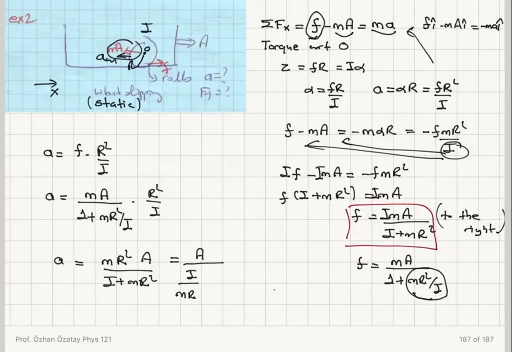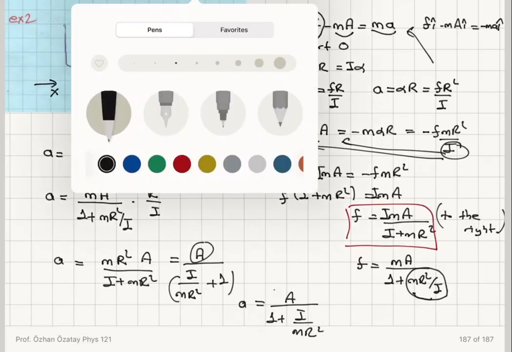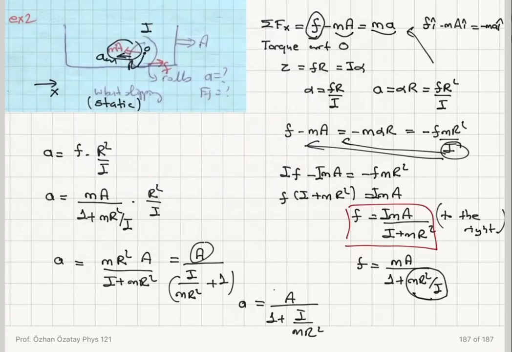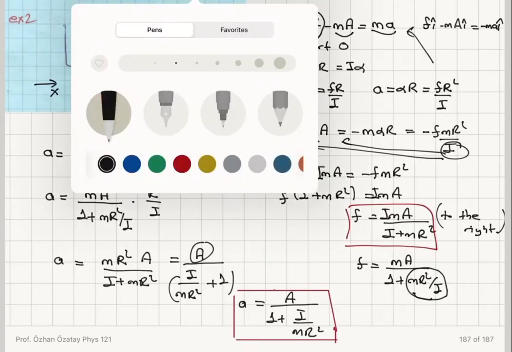And if I divide the top and bottom with mr squared, I would get a over I over mr squared plus 1. Again, acceleration divided by a dimensionless quantity. So dimension wise, this is correct. It is a divided by 1 plus I over mr squared.